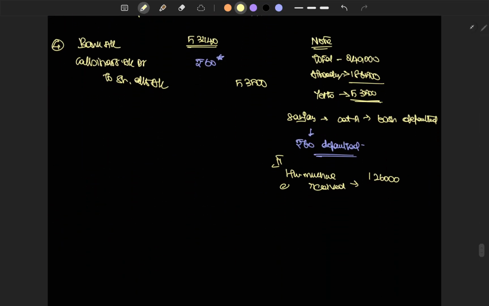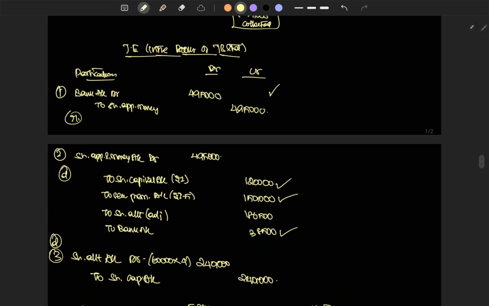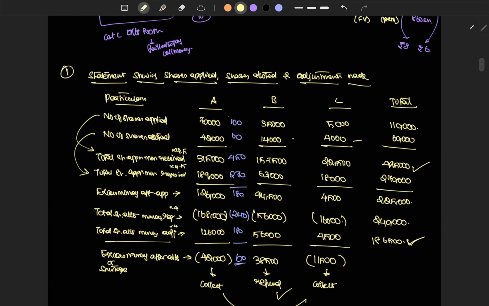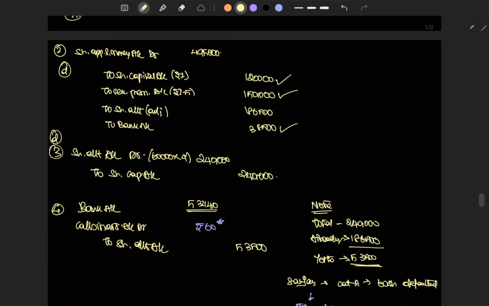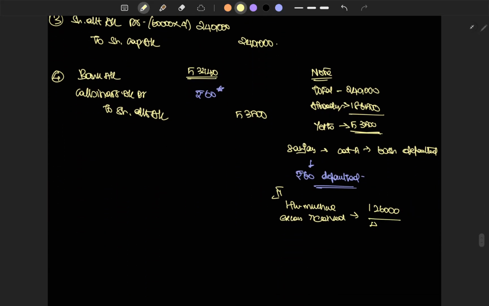How much money we require is 42,000. 1,26,000 divided by 42,000, so rupees 3 is already paid.